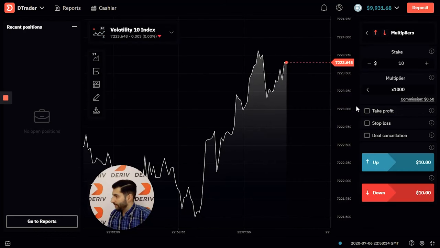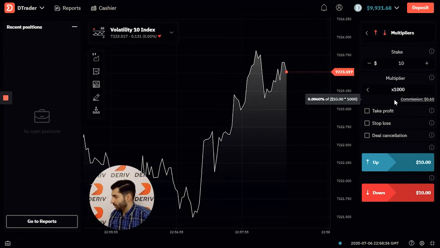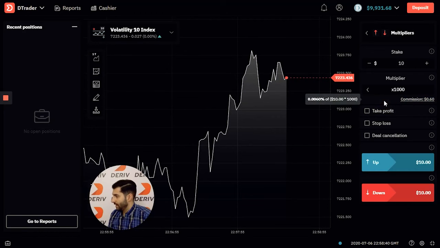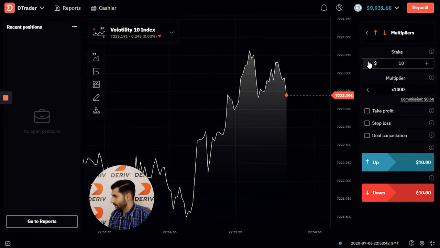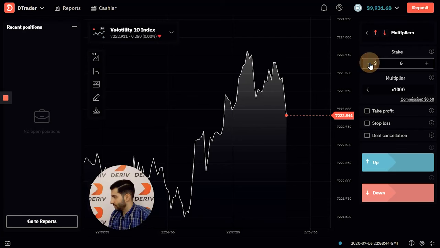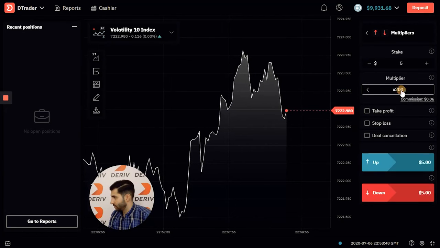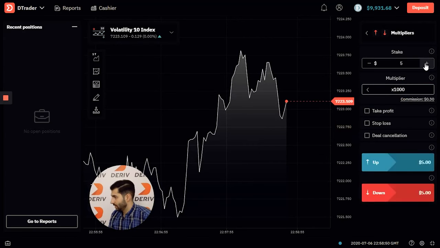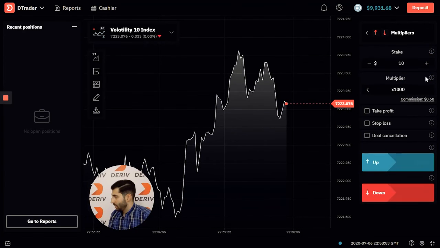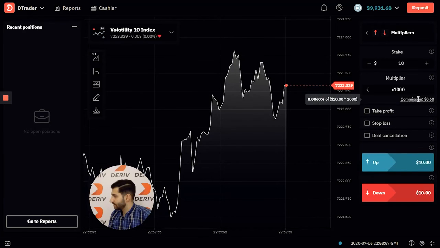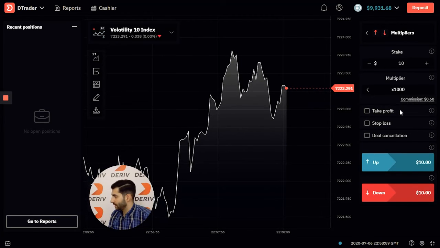Okay, one important difference from binary options is the commission. You can see over there, the commission is basically proportional to your stake. So if I adjust the stake here and the multiplier, you'll also notice that the commission rate changes as well. So when I start a contract, this commission is not deducted from my account balance.